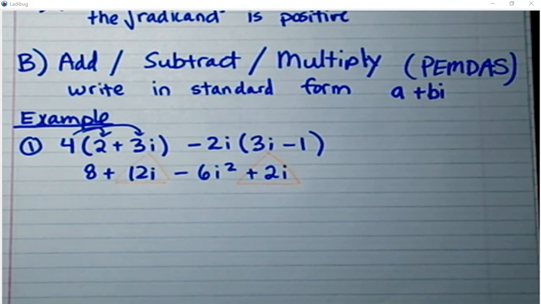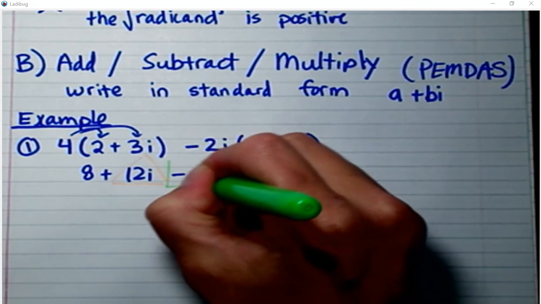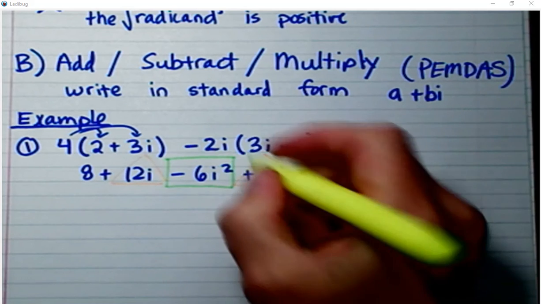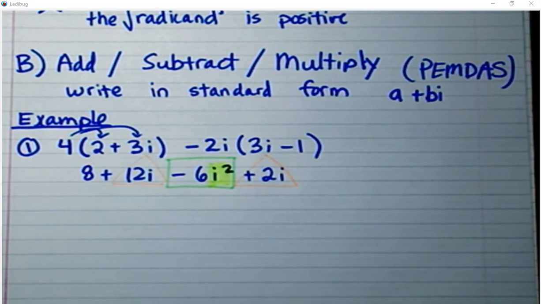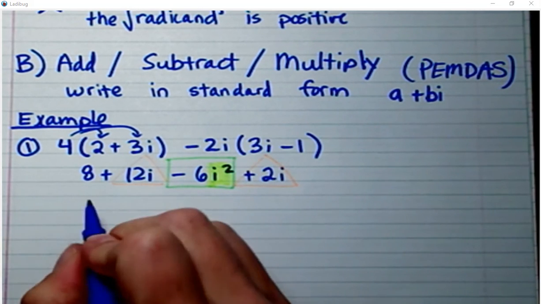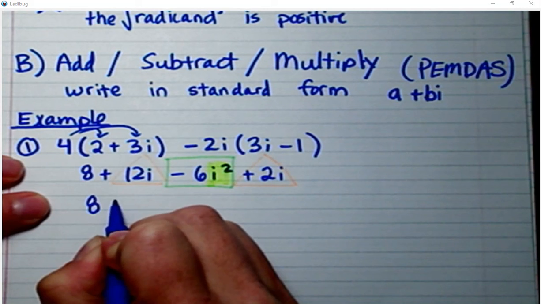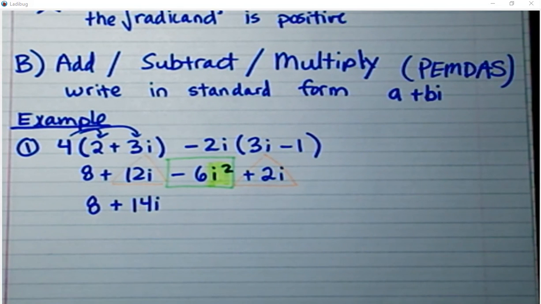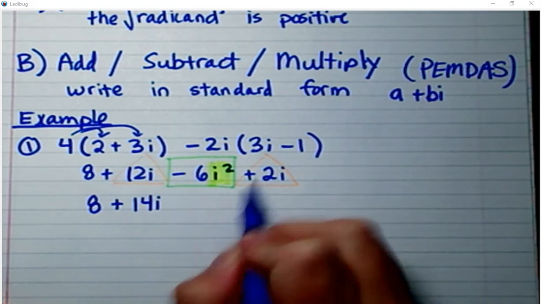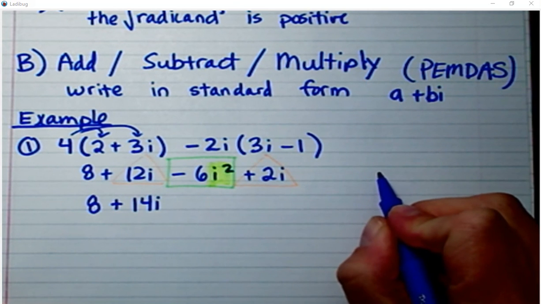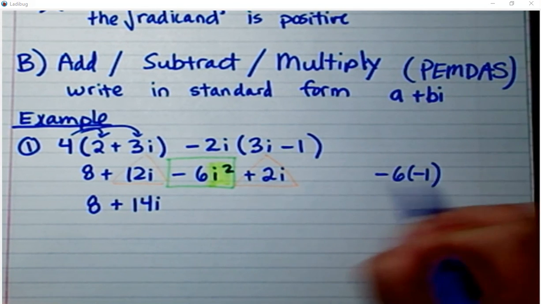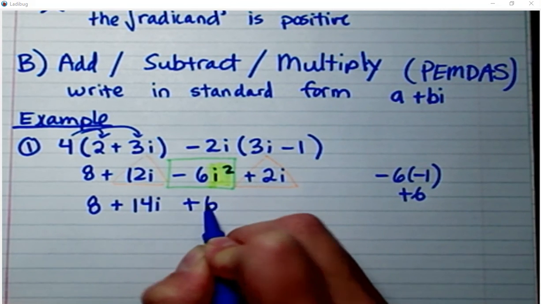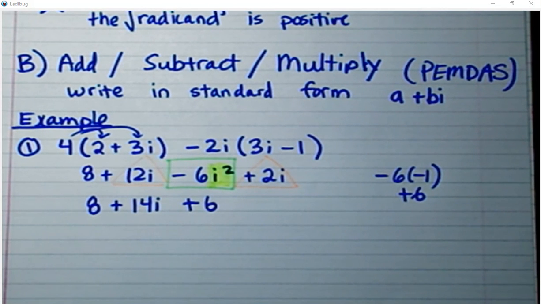Now I am gonna go ahead and, isn't i squared supposed to be negative 1? Okay, so here we go. 8 plus 14i. Now this green box is really, i squared is negative 1. So that turns into plus 6.